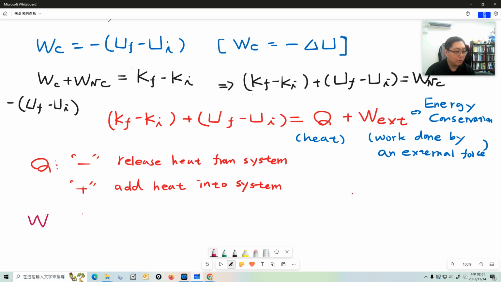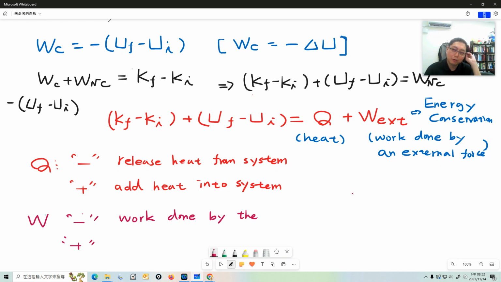So W, we also have the minus sign and plus sign. The minus sign is when work is done by the system. From the system, the work is done by the system.